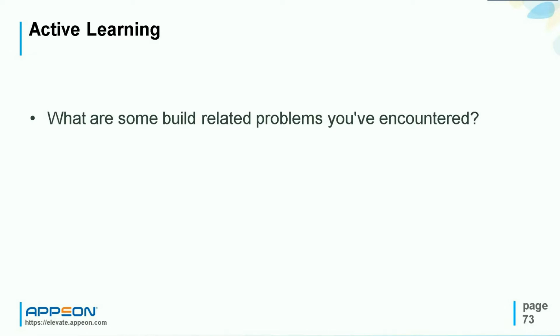I have a question for everybody. What are some build-related problems you've encountered? Well, one thing is that your build might be very manual, and every other time you do it, you make a mistake. So then people are trying to test stuff or run stuff in production and it's broken.